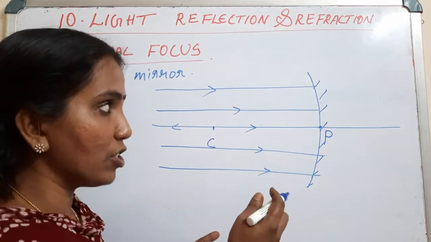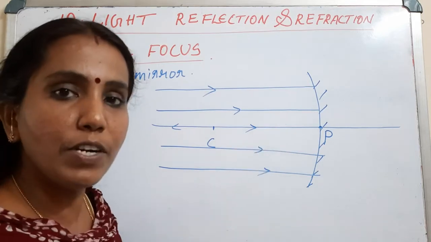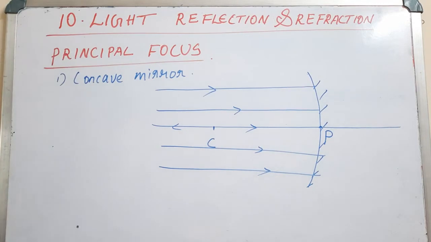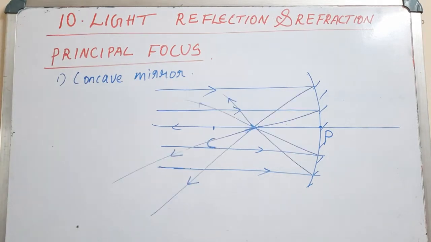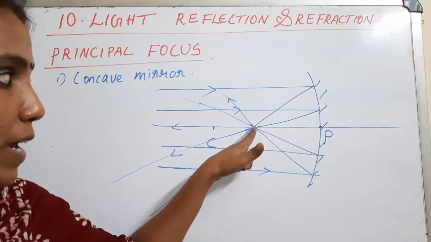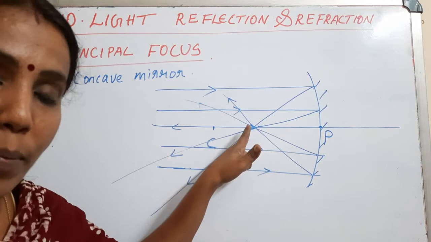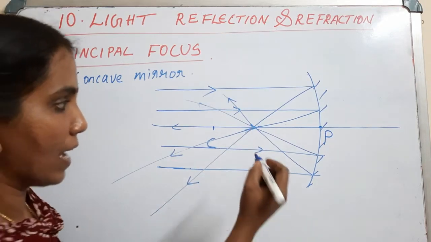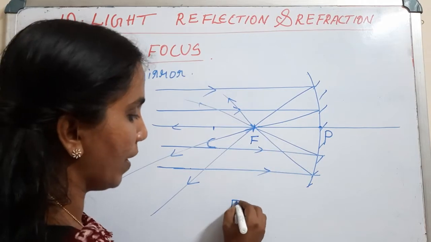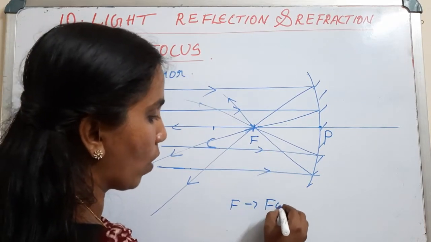So all the rays after reflection converge to a point on the principal axis. This point we call as focus. So F stands for focus.